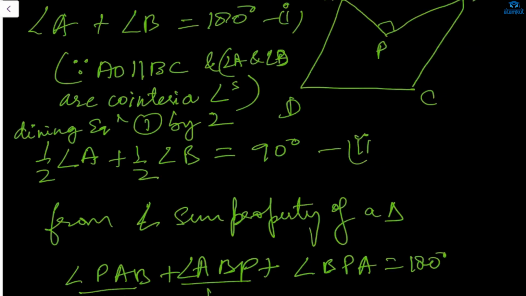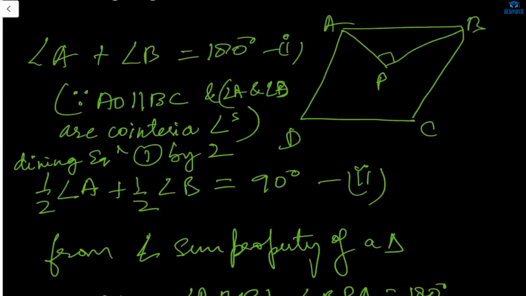Now from the angle sum property, in the triangle with angle A, angle B and angle P, the sum will be equal to 180 degrees.